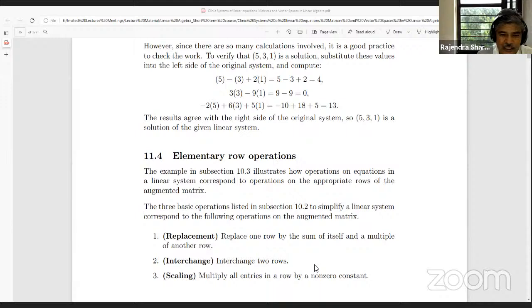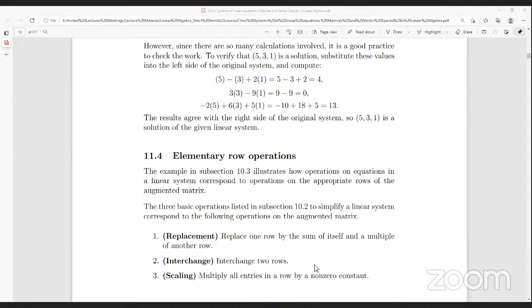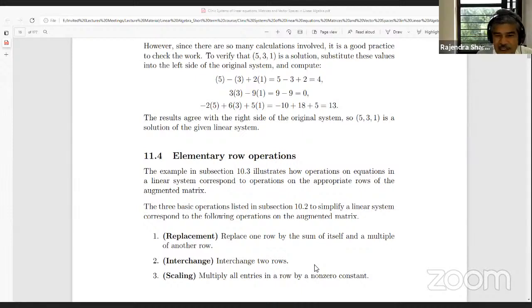All right, so just to restate these 3 things. So this is a replacement of one row by the sum of itself and a multiple of another row, and the interchange of 2 rows. And this is called interchange. Scaling means multiplying all entries in a row by a non-zero constant.